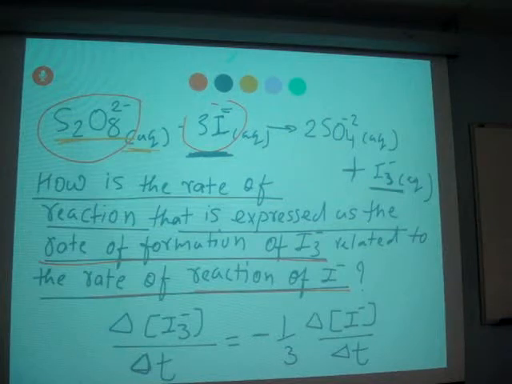So now we are expressing the relation between I3- and 3 I-. That means we need to express the stoichiometric coefficient.